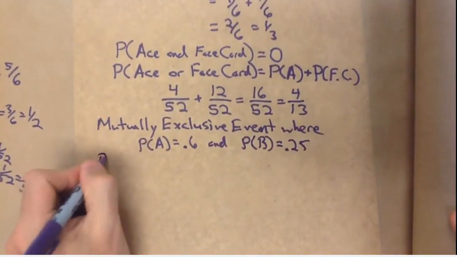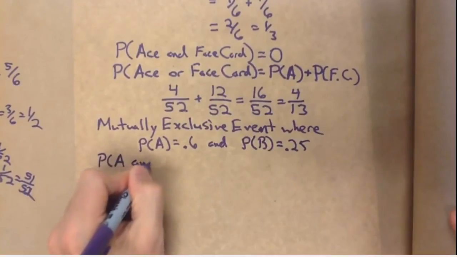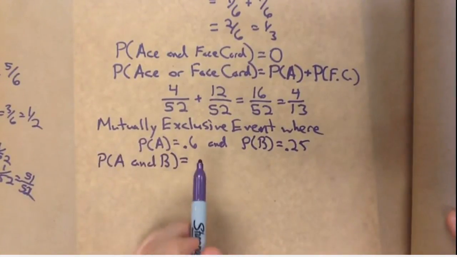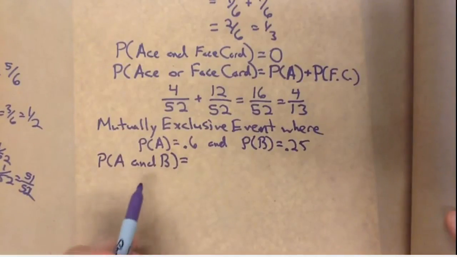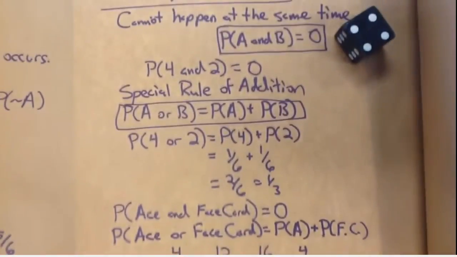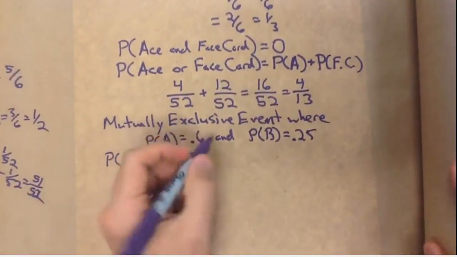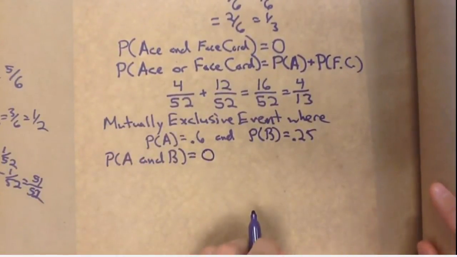So the probability in this case of A and B occurring. Now, the values here don't tell me this answer. This comes down to knowing the rule, which we stated right here. The probability of A and B happening is 0. They can't both happen at the same time.